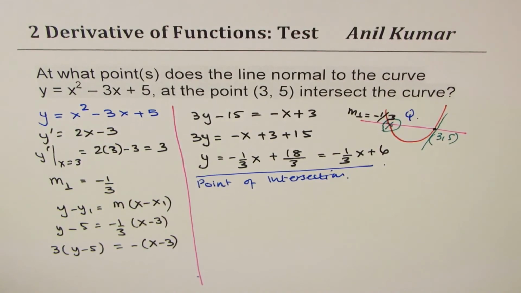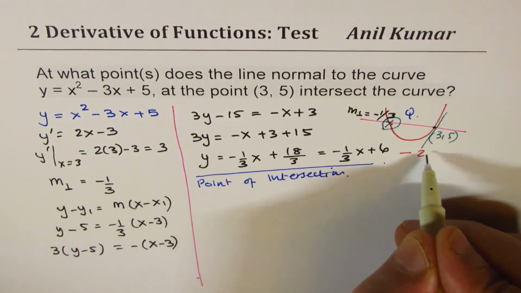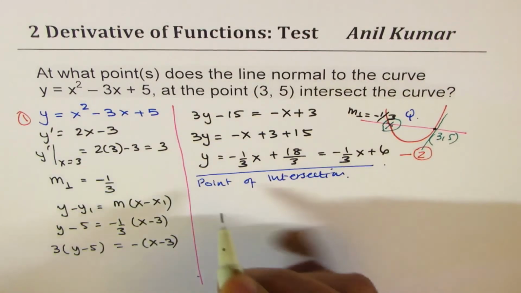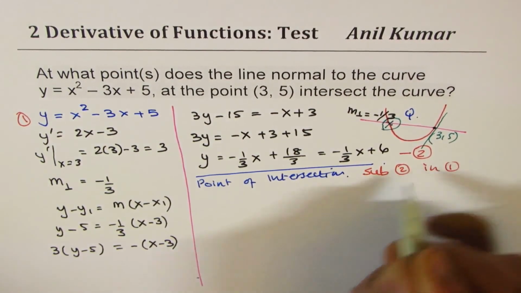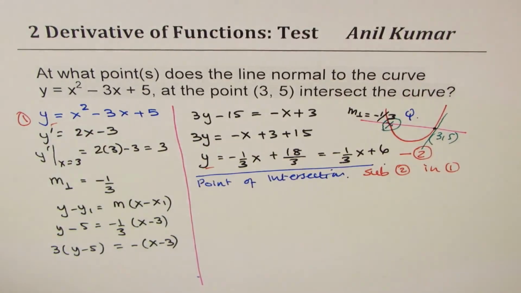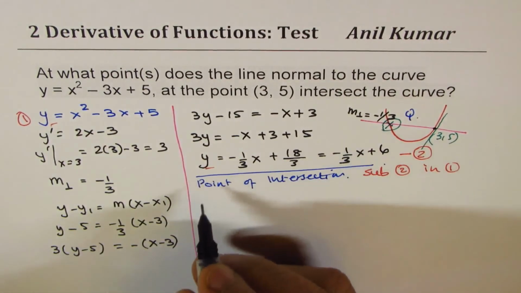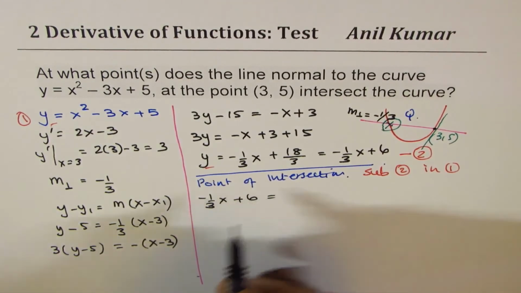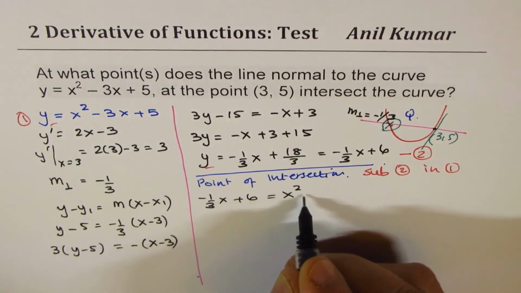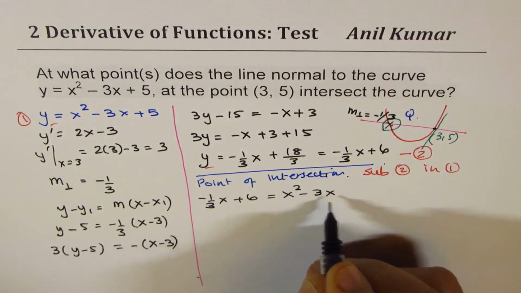Let's call this equation 2, and this 1. So we substitute 2 in 1, basically equating the y values, correct? So we have minus 1 over 3 x plus 6 equals x squared minus 3x plus 5.